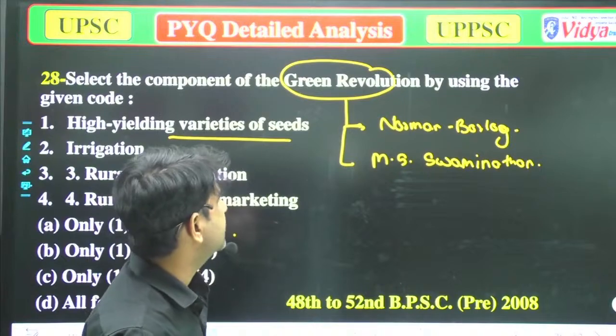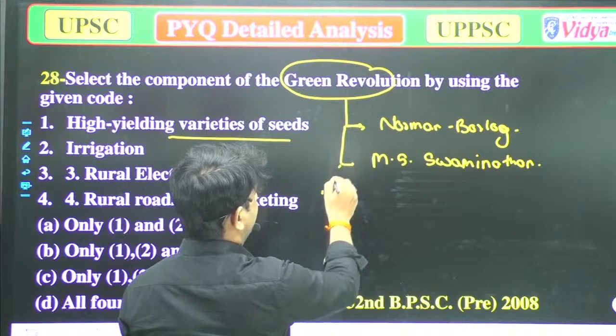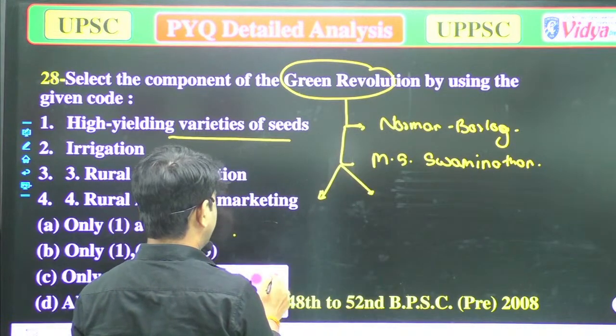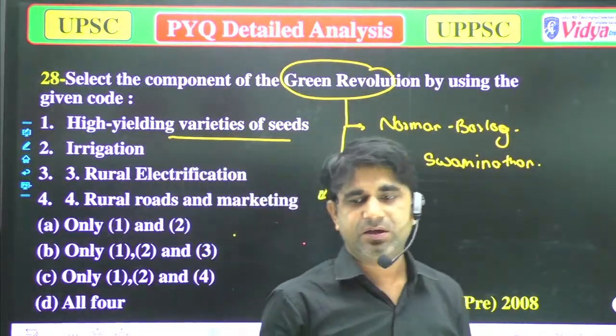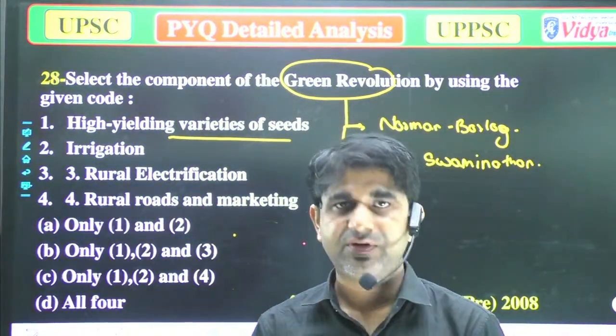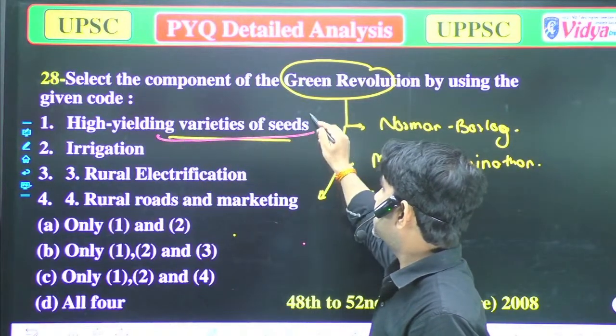When we talk about the green revolution, some points should be kept in mind, because in the green revolution there is a need for high yielding varieties. So option 1 is correct, because high yielding varieties of seeds are used.